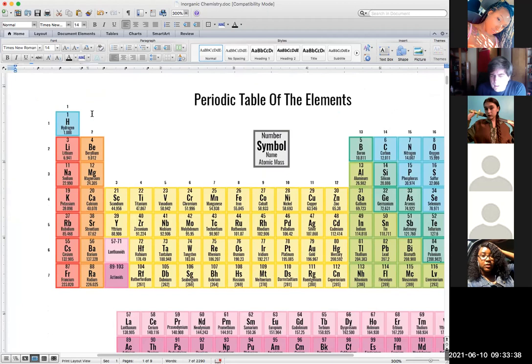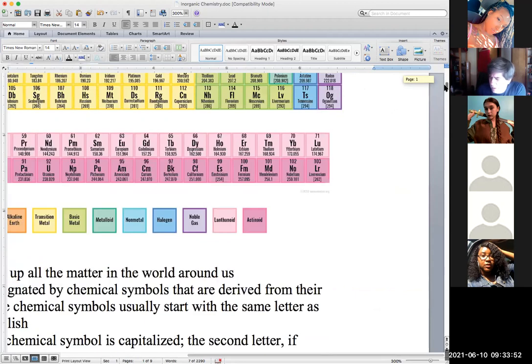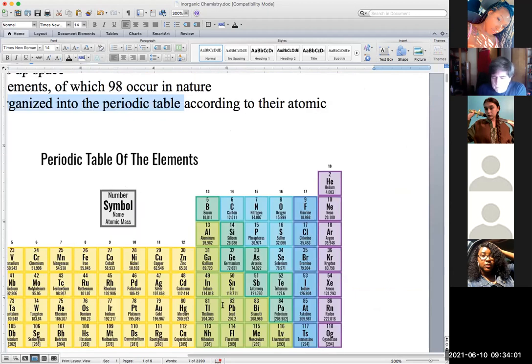Our periodic table is a bunch of squares, and it starts with number 1, which is H, hydrogen, and it goes all the way down to number 118, which is lawrencium. And basically, this is how the elements are organized.